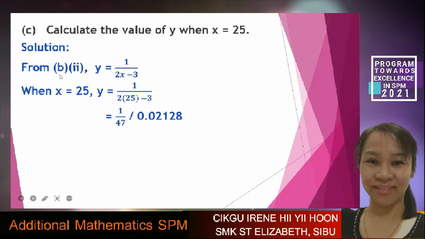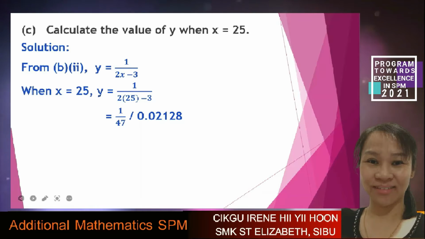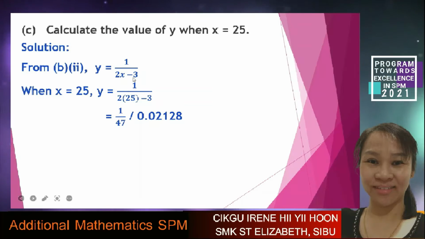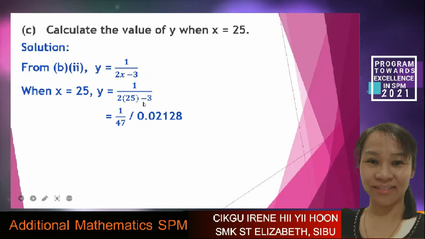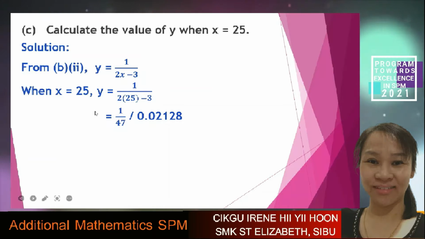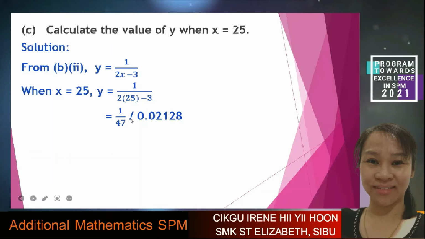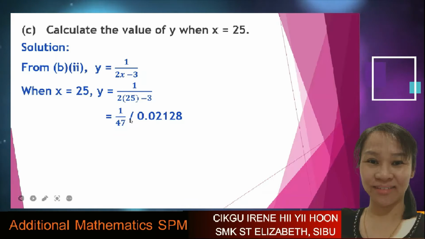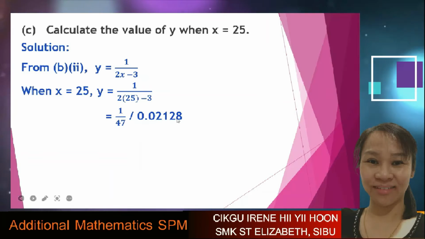When the value of x equals 25, y equals 1 over 2 times 25 minus 3. Then it equals 1 over 47. Or we can also express it as a decimal number, that is 0.02128.